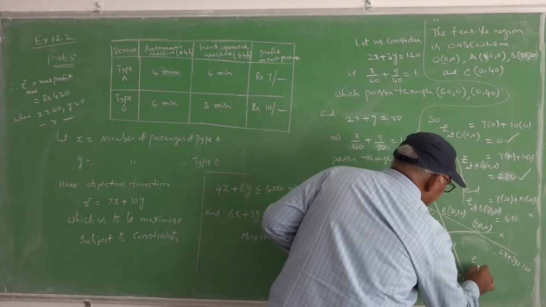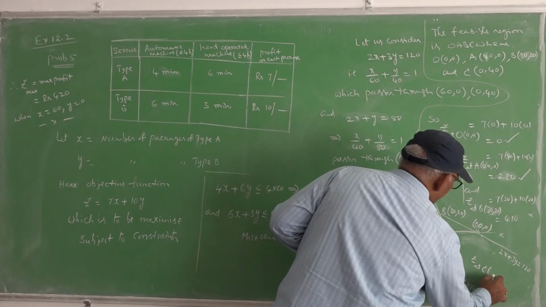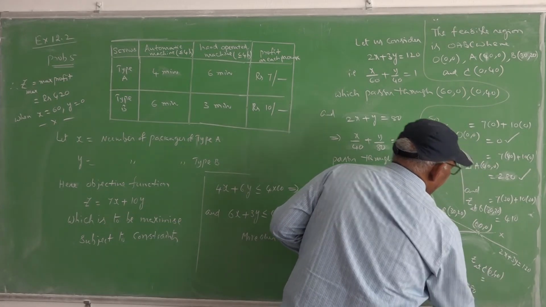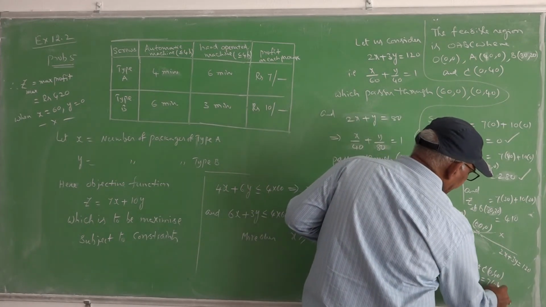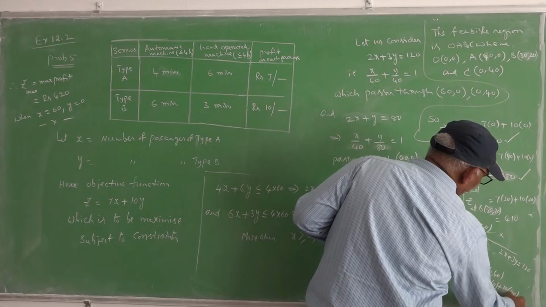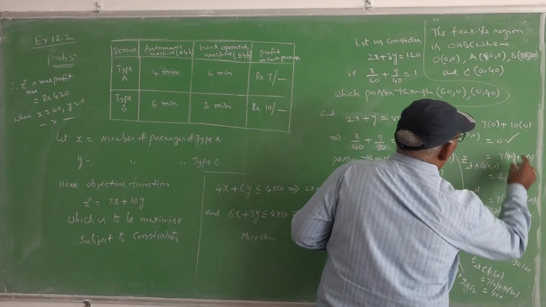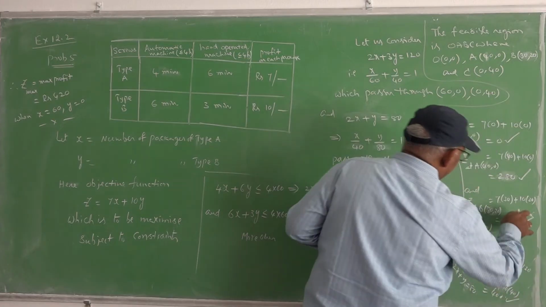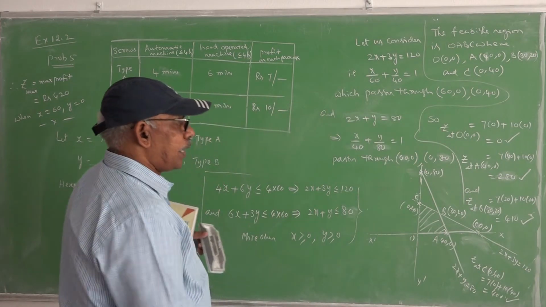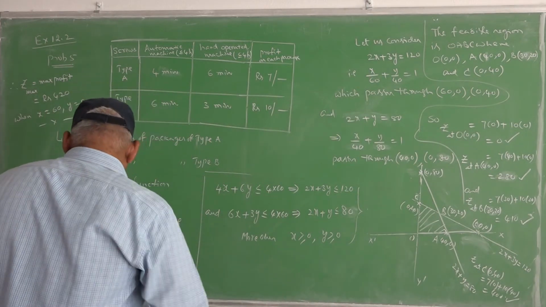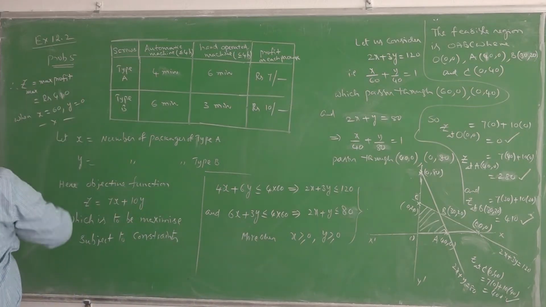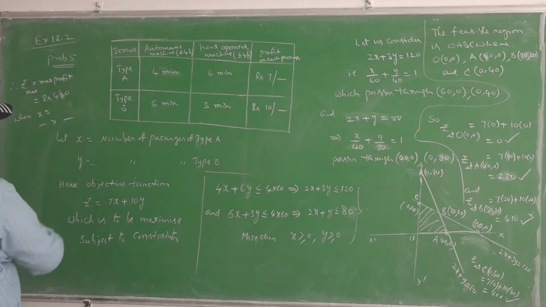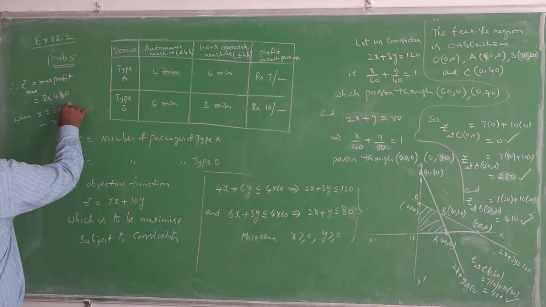Z at C, that is 0 comma 40, is 7 into 0 plus 10 into 40, 400. Out of these 4 values, the maximum is 410. The maximum 410 is attained at B, that is x equal to 30 and y equal to 20.